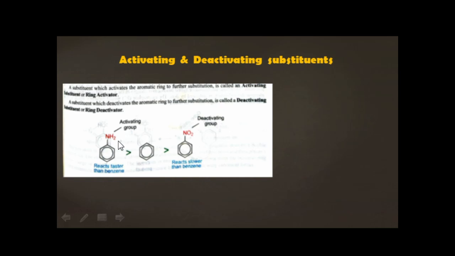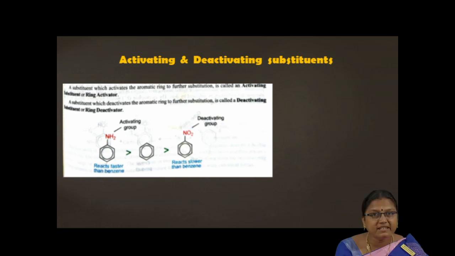This amino group is ortho-para directing and it is a ring activating group. What is that ring activating? The nitrogen has a lone pair of electrons on its atom. That lone pair of electrons may flow towards the benzene ring, which activates the ring for further nitration.